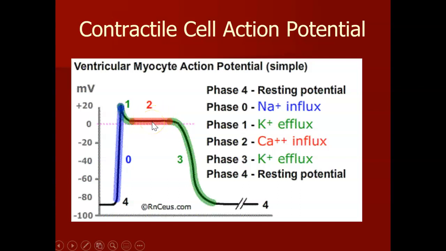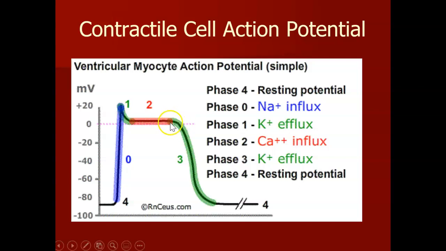The calcium and the potassium are balancing each other out. This stage, which is called the plateau stage, is unique to contractile cells and super important because it's what gives our heart the ability to pause to make sure that everything has been pumped out before it continues on with the contraction.